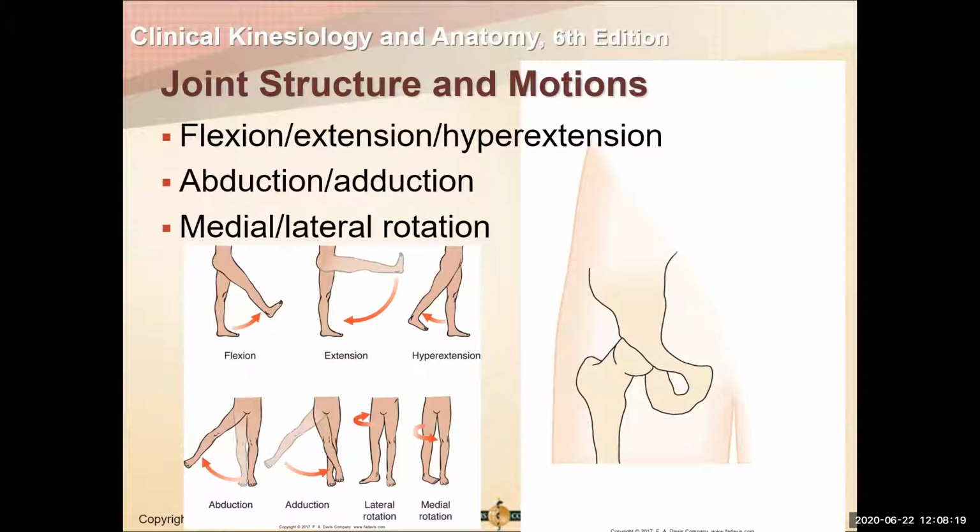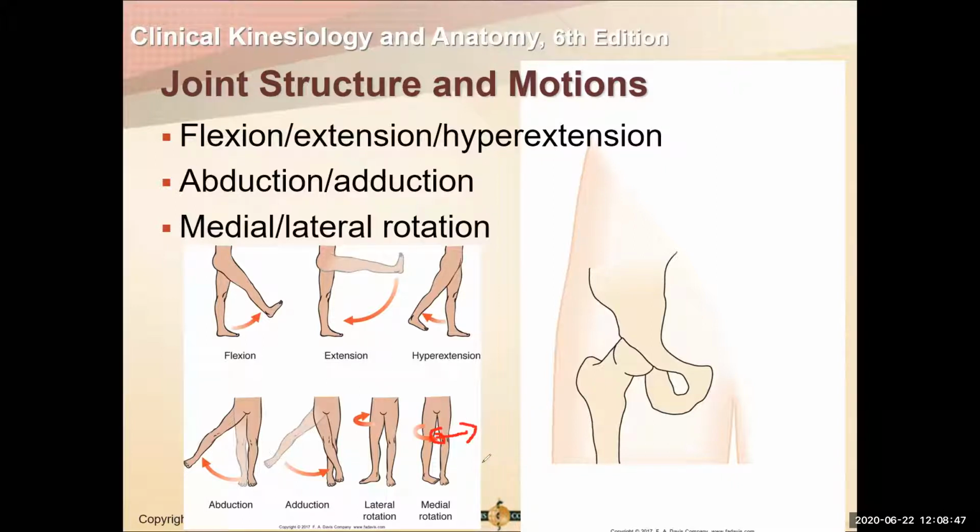Hyperextension just has that negative connotation, that a lot of times when we say hyperextension, people think, oh, going past or too far. Well, with the hip, it's not necessarily true. It does have abduction and adduction, like I mentioned, and it has lateral, which is the same as external rotation, and medial, which is the same as internal rotation. One of the key things to know is to look where the knee is pointed.